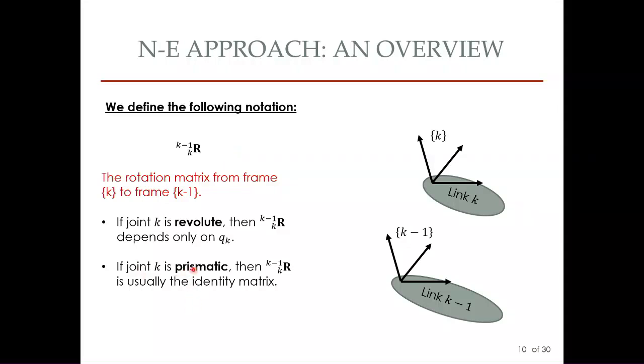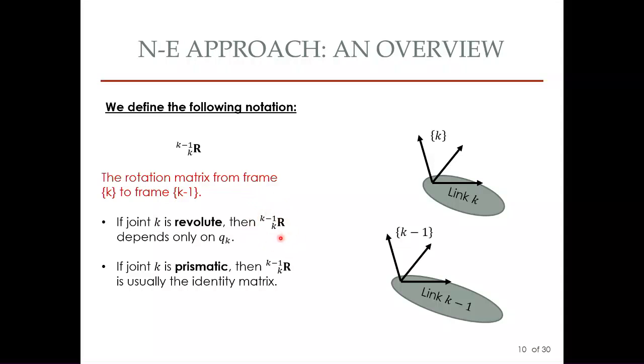Okay, now look at the remarks here. If joint K is revolute, then QK, this angle, will appear somewhere in this rotation matrix. Let's say QK could be some kind of alpha. So this will be depending on cosines and sines of alpha.